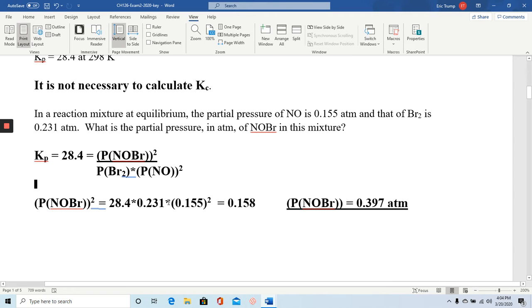Okay, so we substitute these values in here, and first I solve for the pressure of NOBr squared, and that was 0.158. And then if we take the square root of that, that's 0.397 atmospheres.